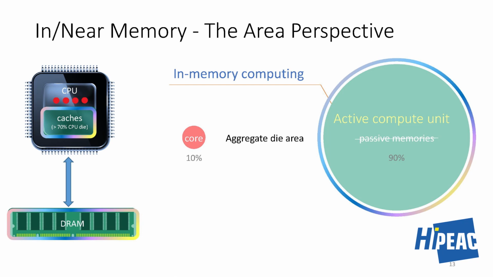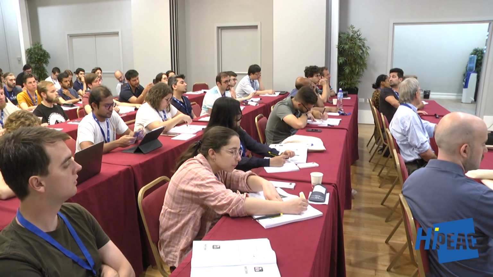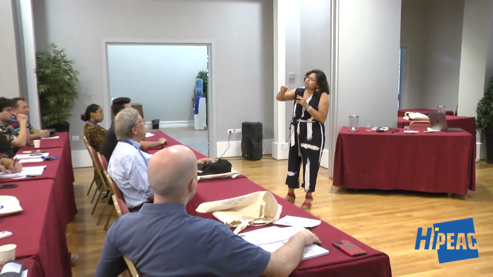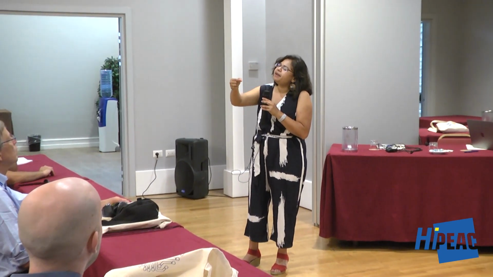DRAM access, can it not be saved? You can use DRAM for it, but you still have to access the DRAM arrays and banks. Think about it: when you're doing an in or near memory computing operation, just an addition, you first have to access A and B, do some mixed signal processing on them, and write back C. So you still have to access the memory.